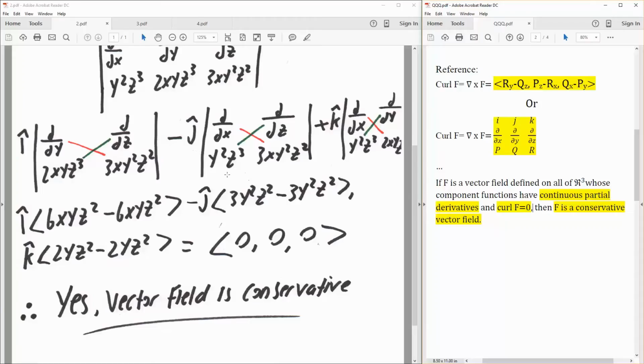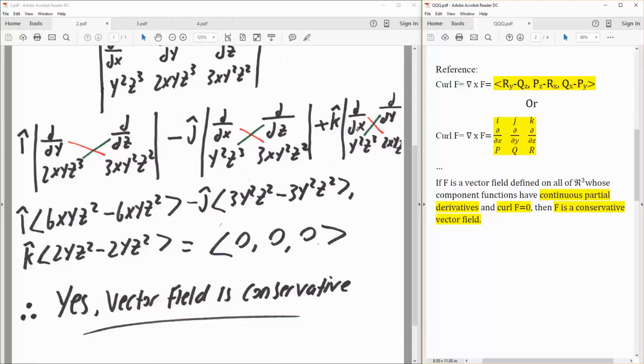Then minus j. We have partial derivative in terms of x times 3xy squared z squared. We have 1x right here, so we would get 3y squared z squared. Then we have a partial derivative in terms of z times y squared z cubed. We have z cubed, so we have minus 3y squared z squared.